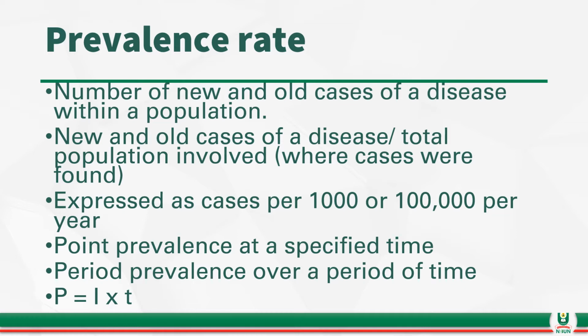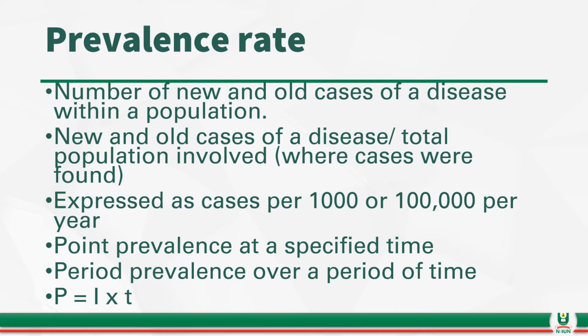That's what prevalence rate is. And it's also expressed as new and old cases of a disease over the total population that is involved, where those cases were found. It is usually per 1,000 or so, or 100,000 in a year.